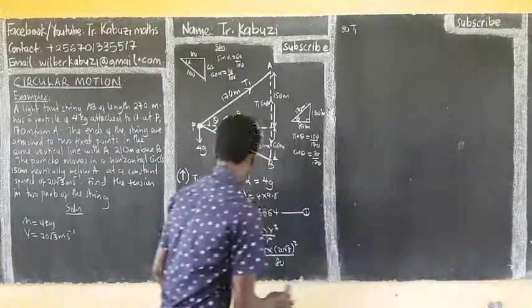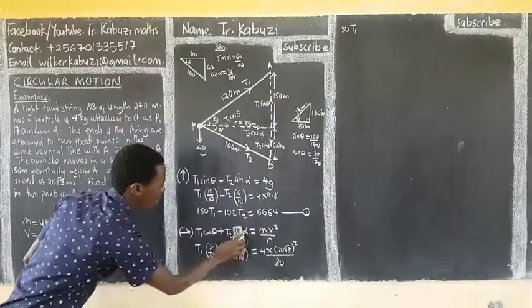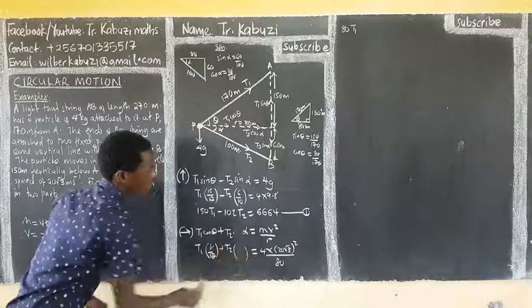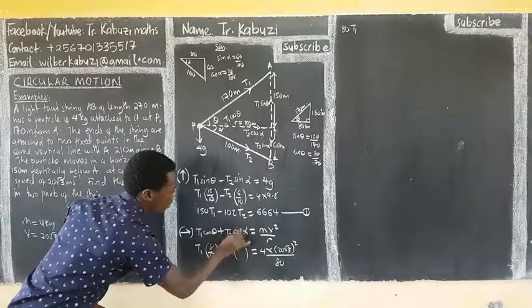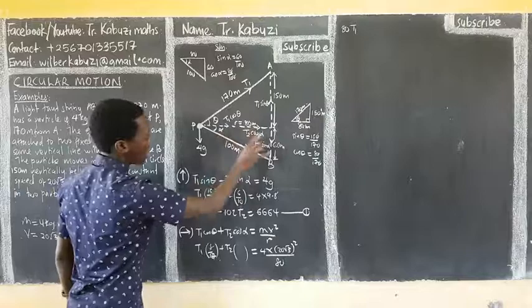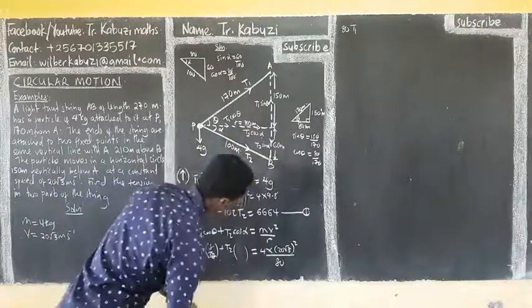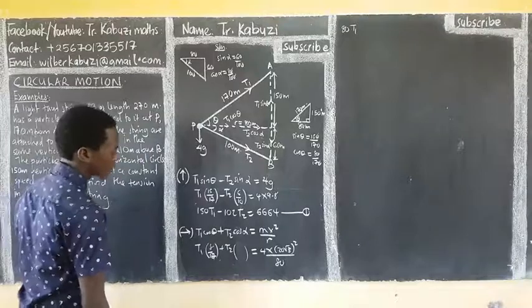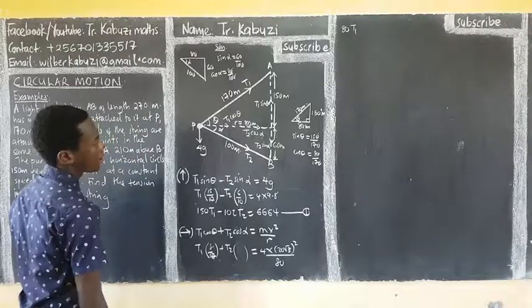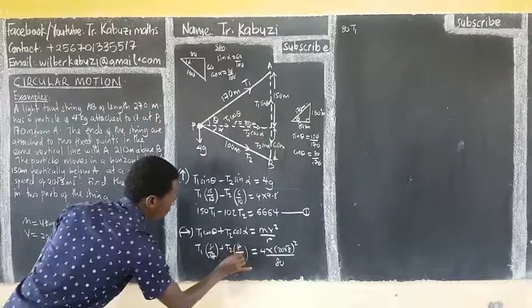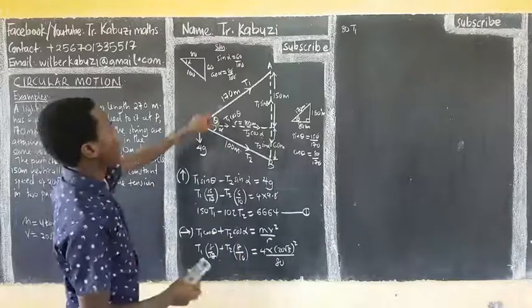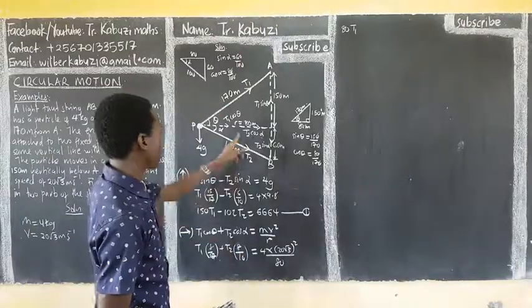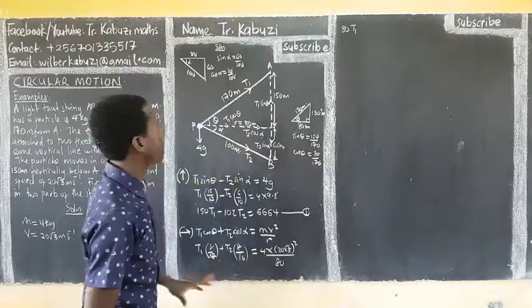So this one is supposed to be cos alpha, not sine alpha. This force here is cos alpha. And from there, our cos alpha is going to be 8 over 10. Yeah, cos alpha is 8 over 10. This one here is not sine, it's because we are adding this and this.